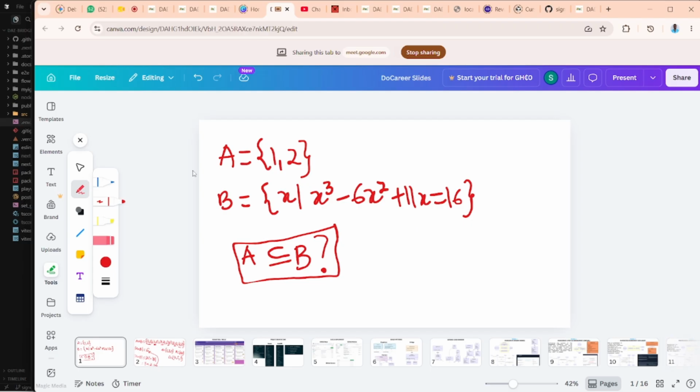So x is equal to 4.192. What did you use to get that? The rational root theorem or something? On the calculator. Yeah, on the calculator. I'm not sure.